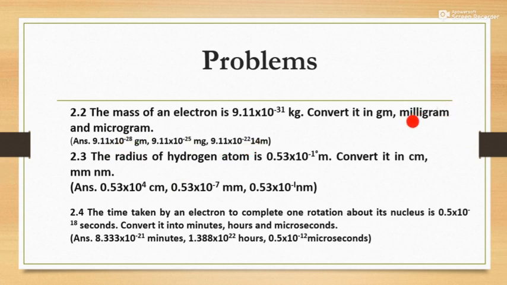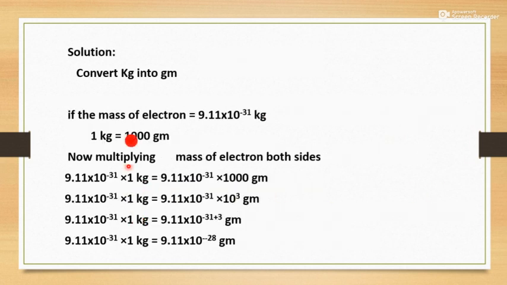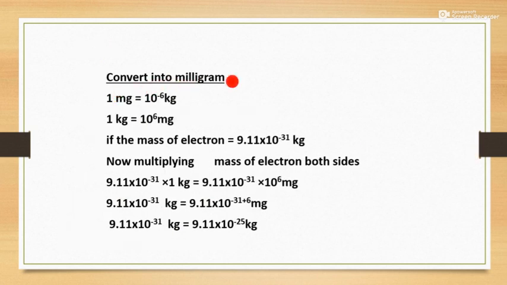Now milligram, now we convert kg into milligram. This was converted kg into gram, now converting into milligram. Now 1 milligram is equal to 10 raised to minus 6 kg, and we know 1 kg is equal to 10 raised to 6 milligram. If the mass of electron is 9.11 times 10 exponential minus 31 kg, again same process, multiplying the mass of electron on both sides.